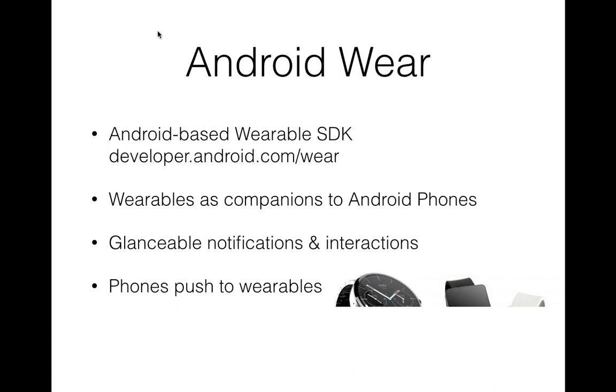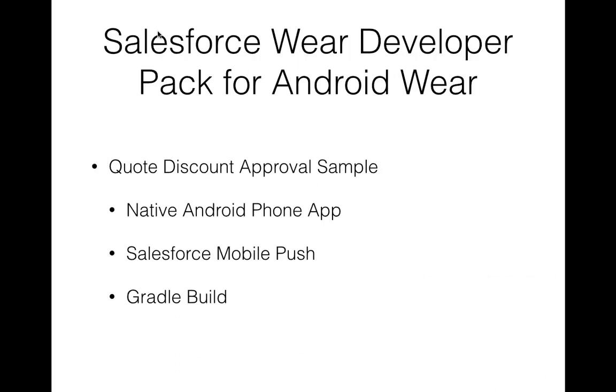Okay, so that's your quick little intro to Android Wear. In the Android Wear developer pack that I built, the use case I created was meant to be kind of real world. You're a sales manager using Salesforce, you're out on a bike ride, and one of your sales guys creates a price quote on an opportunity, and the discount level is above some threshold.